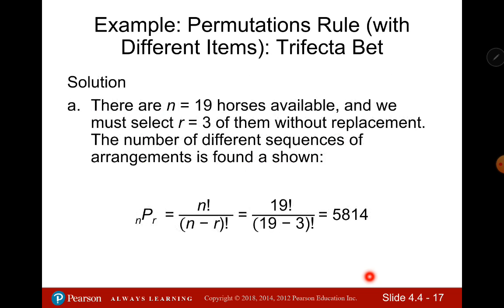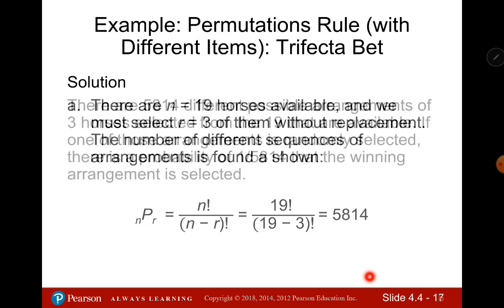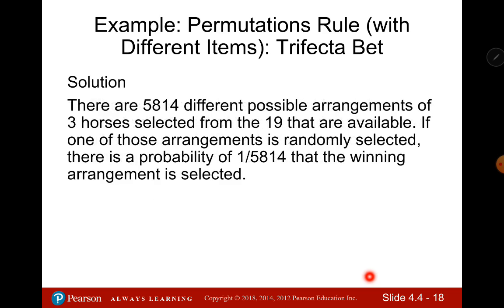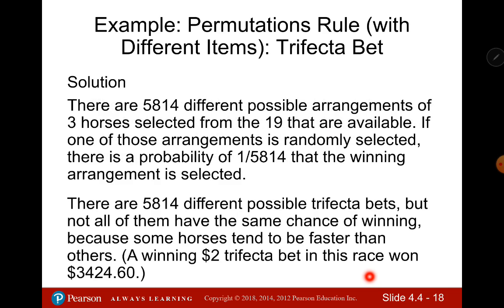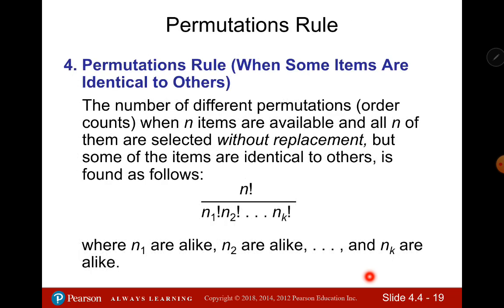So let's show you how we can do this question. Let's check the second permutation rule. If you check the first permutation rule, you will realize we have n different items.